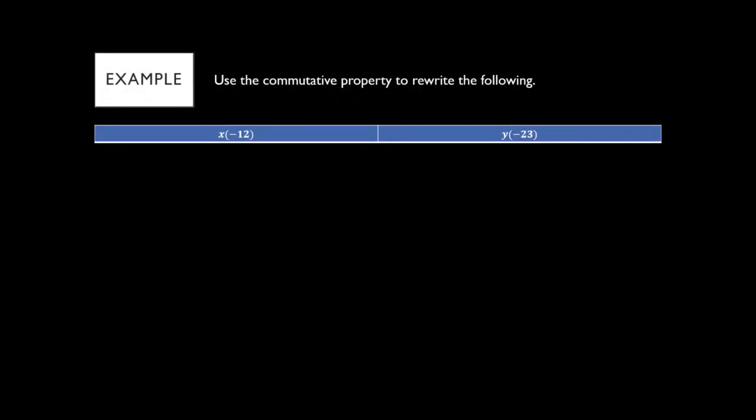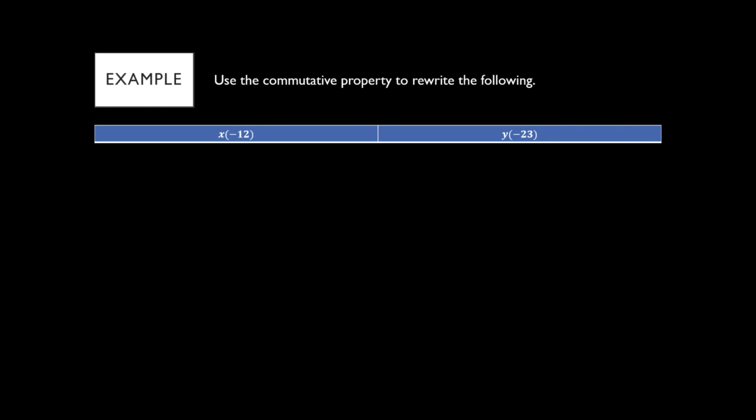I wanted to start with these two examples to show you how we work with variables, because you're learning how to work with variables, and also to show the importance of parentheses. We want to use the commutative property to rewrite these. We've got x, and then in parentheses -12, and then y, and then in parentheses -23.